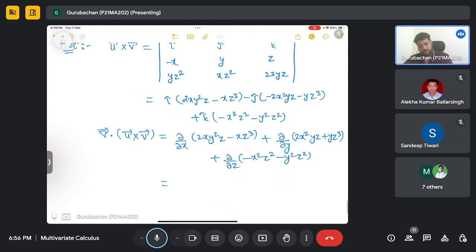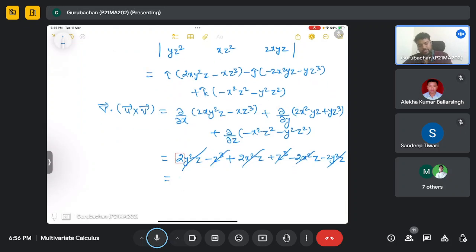So this will give us 2y square z minus z cube plus 2x square z plus z cube minus 2x square z minus 2y square z. Clearly, these terms will cancel out, and we are getting this quantity as 0.